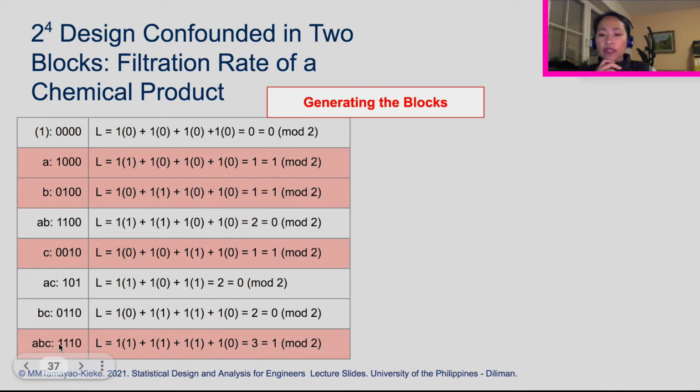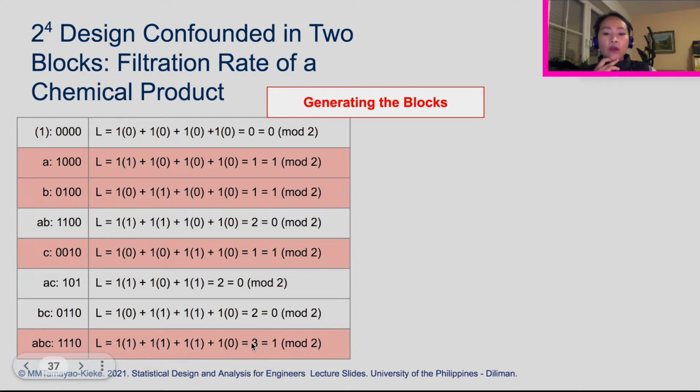Let's take another one, ABC. 1 times 1 for the high level of A, plus 1 times 1 for B, plus 1 times 1 for C, plus 1 times 0 because you have low level of D in this treatment combination.